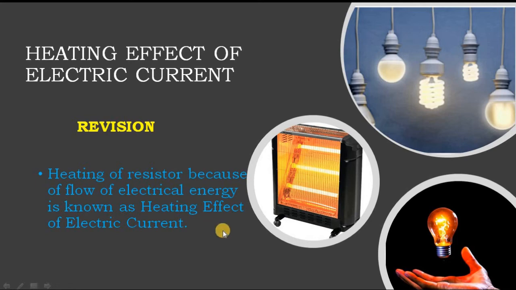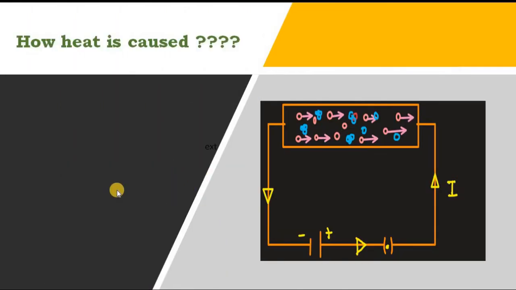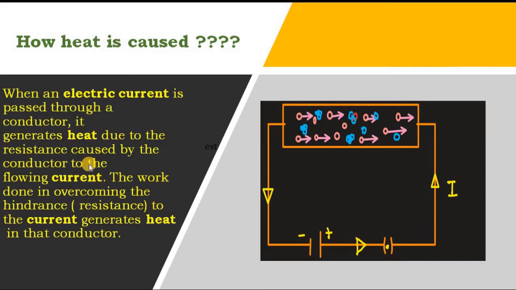Now when we talk about the cause of heating effect, first we just read this. When an electric current is passed through a conductor, it generates heat due to resistance caused by the conductor to the flowing current.